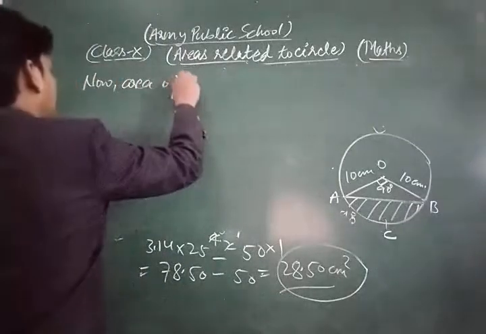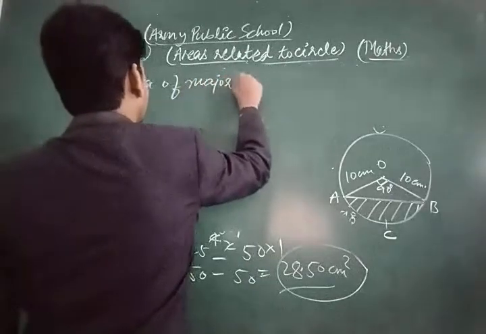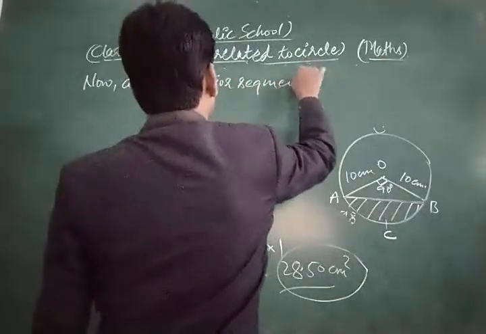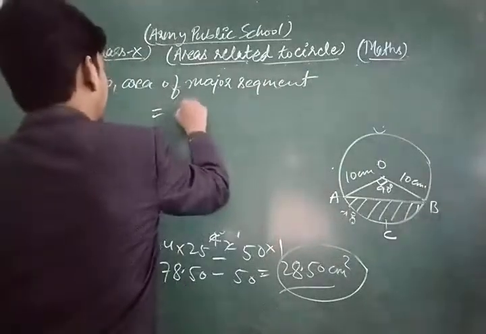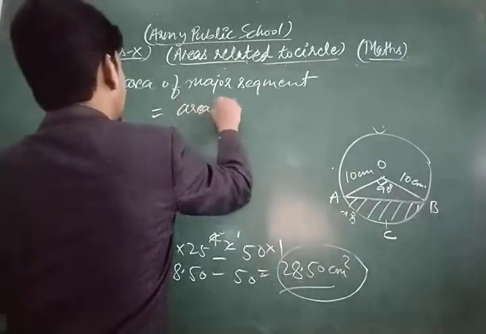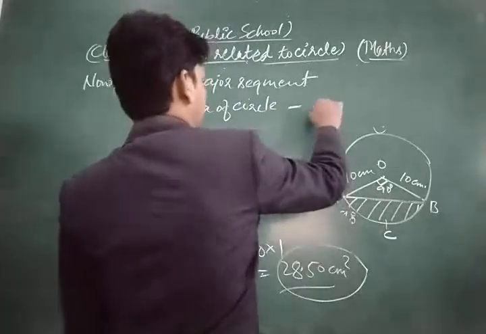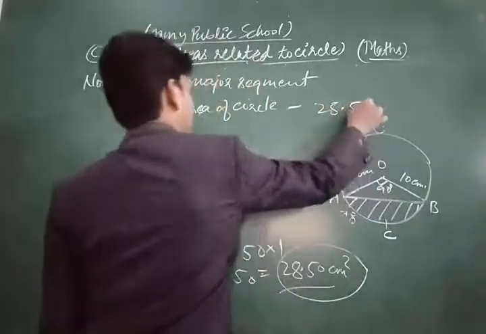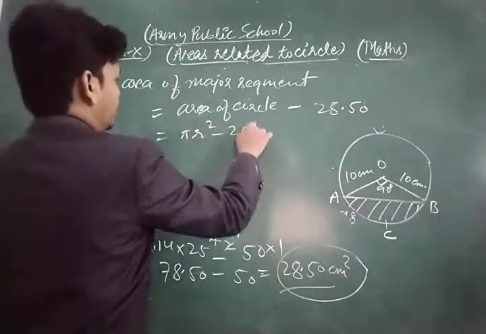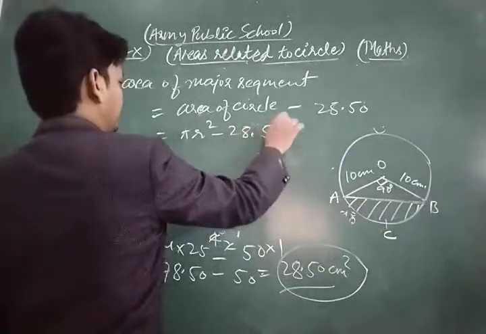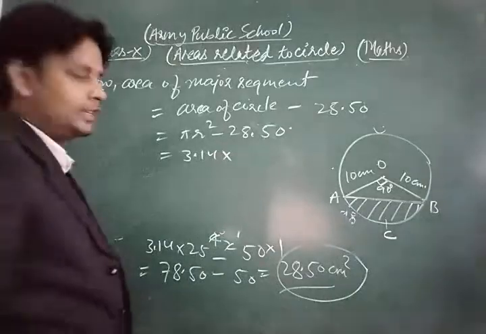Area of major segment is equal to area of circle minus area of minor segment. Now area of circle is what? Pi r square, minus 28.50. So this is 3.14 into 10 square.